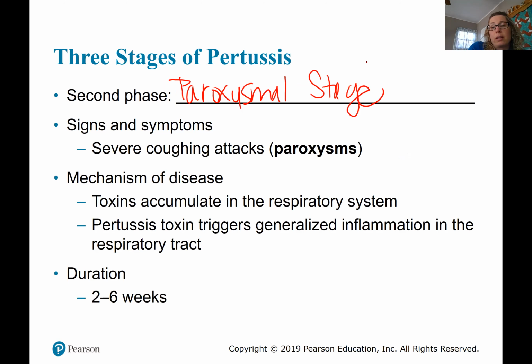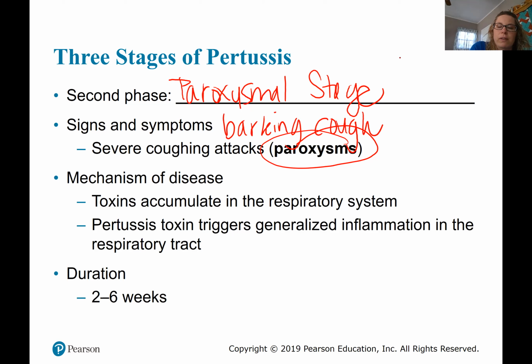And that's where you get the characteristic whooping cough type of symptoms. Those are called paroxysms, where you have this very loud barking cough. And if you've ever heard it, it is very, very noteworthy. You can definitely identify that as whooping cough.